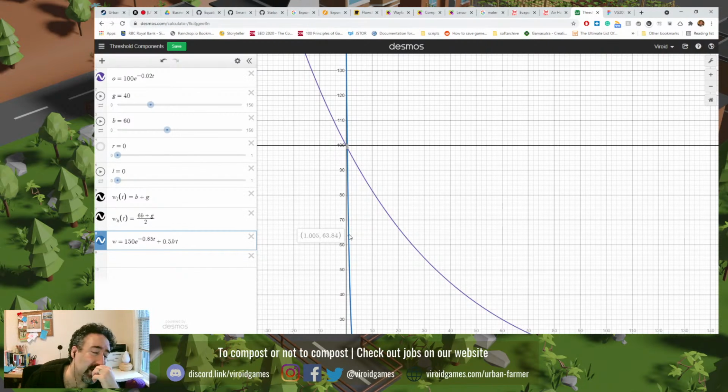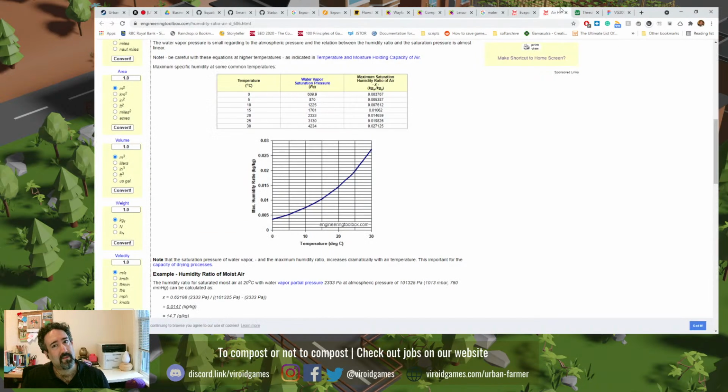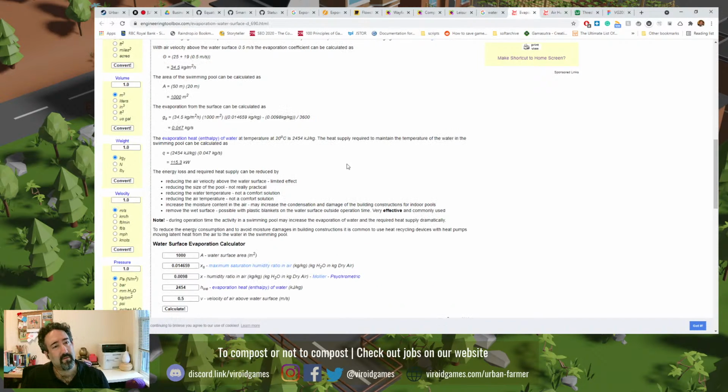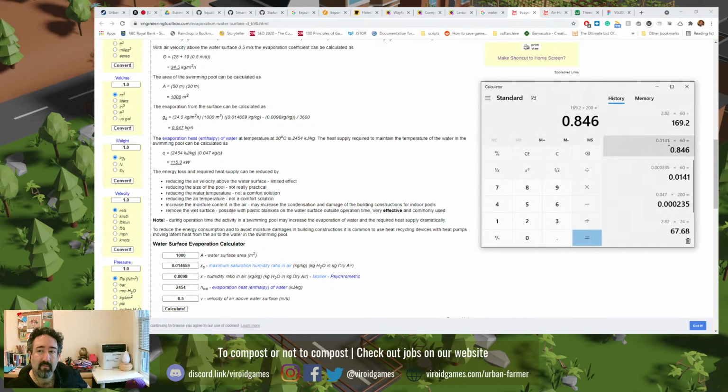Here's the problem though. My equation is a decay function. Their equation is a linear one. It assumes that every hour it's losing the same amount of water, which is 169.